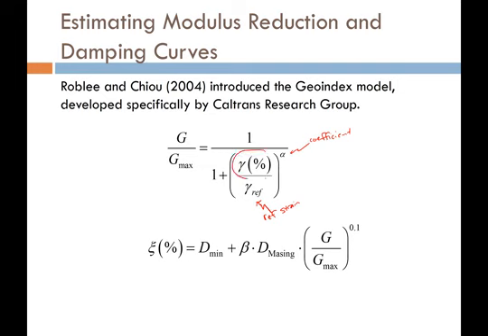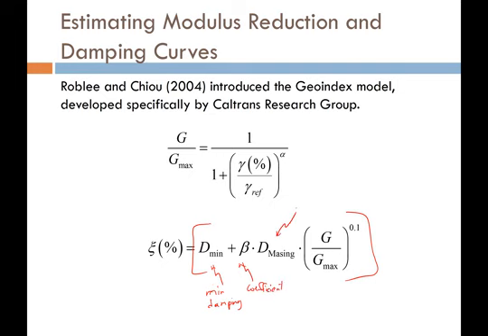This is the strain value that goes into our modulus reduction curve, and this is the corresponding G over G max. The damping curves are similar, though we have a minimum damping value. We have this, that's the minimum damping, I believe. And then we have this coefficient that comes from the testing or the data. And then we have this Masing damping coefficient.